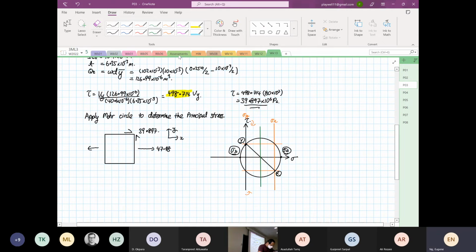This is the center of the circle, so we can determine our stress average, and then after that we need to determine our tau max, right?